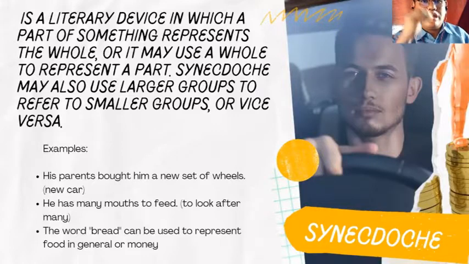Like for example, instead of saying new car, pwede natin sabihin, his parents bought him a new set of wheels. Next, instead of to look after many, pwede natin sabihin, he has many mouths to feed. Next, the word bread can be used to represent food in general or money. Kaya nga tayo mayroong bread winner.